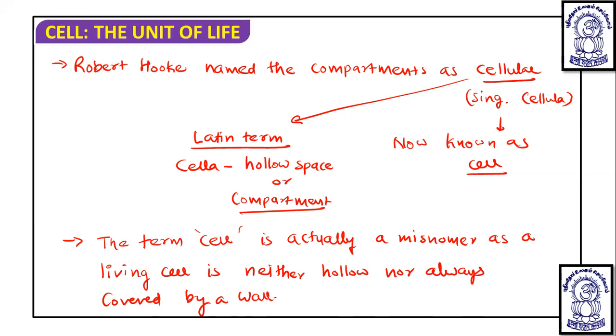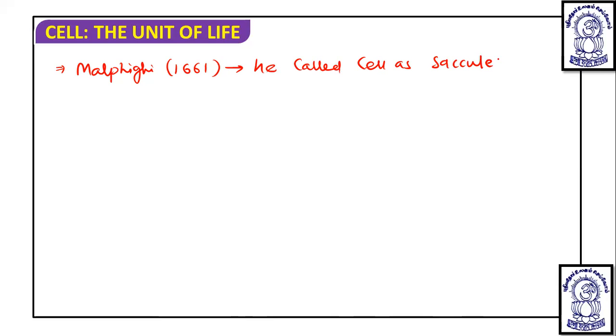Now we know that prior to Hooke, cells were also observed by Malpighi. And Malpighi, in 1661, called cells saccules and utricles.